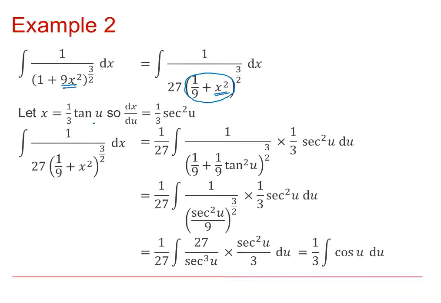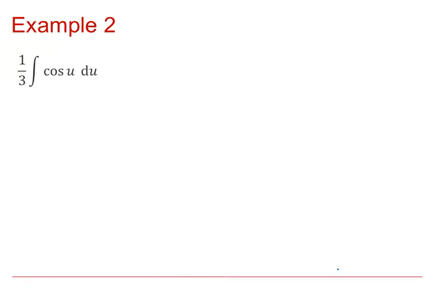The ninth plus 1x squared then suggests that x equals a third of tan u would be a good substitution, and then this term here to the power 3 over 2 will simplify significantly, and we end up with the required integral. So all we've got to do now is integrate cos u with respect to u. So when I integrate it, I get a third sine u plus c.